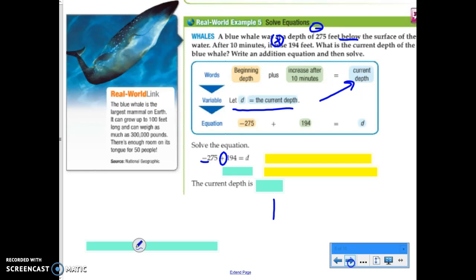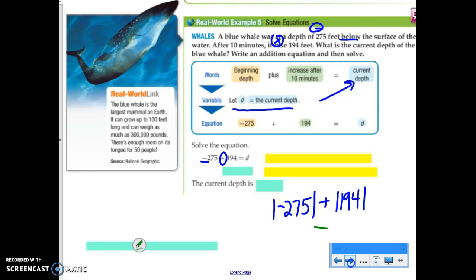So let's take the absolute value of negative 275, and let's add that to the absolute value of 194, okay? Well, here I know that because I'm adding different signs, I'm really actually going to subtract them.